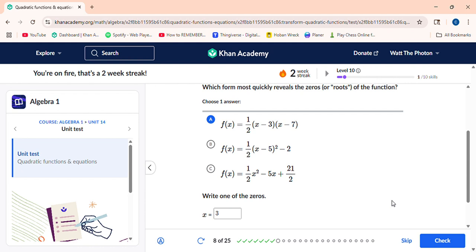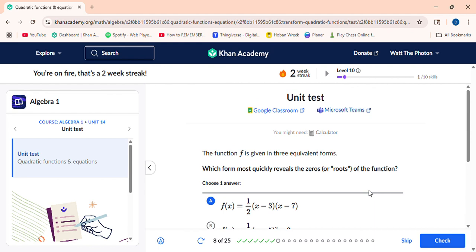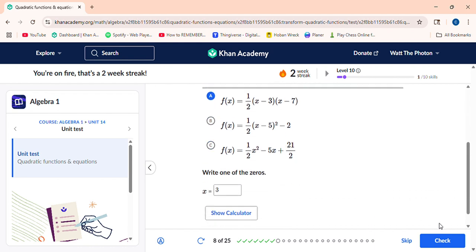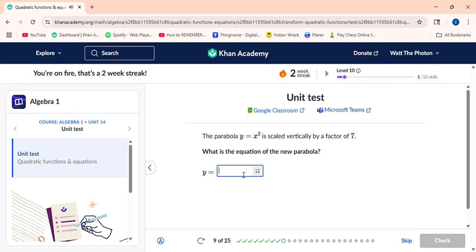That sounds right. Is it just that easy? Yeah.